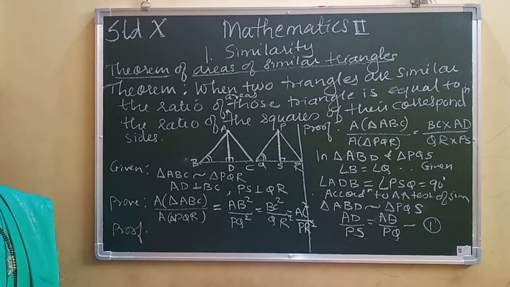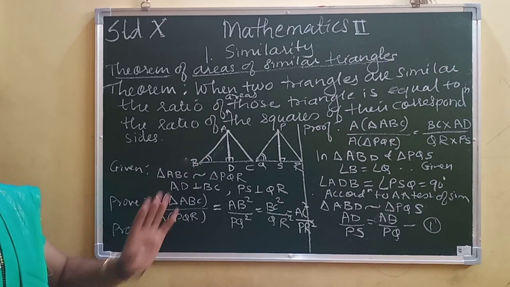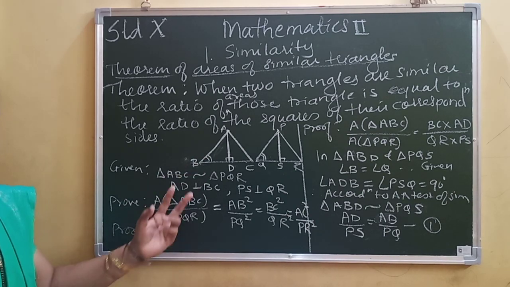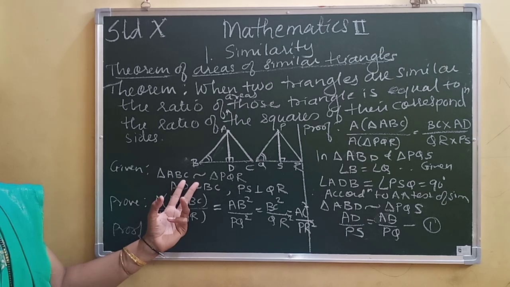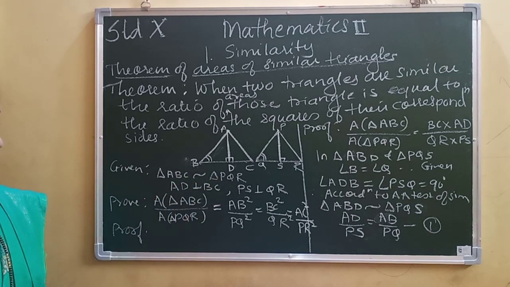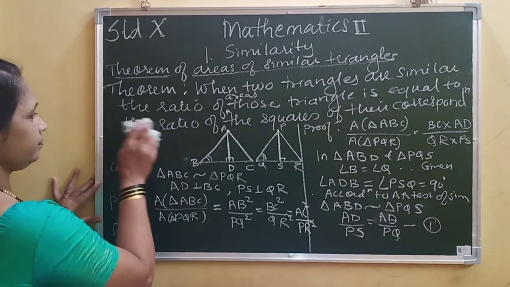If these two triangles are similar, their corresponding sides' ratio we can take. It is given that triangle ABC is similar to triangle PQR.